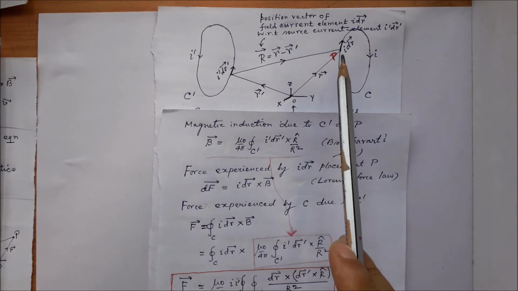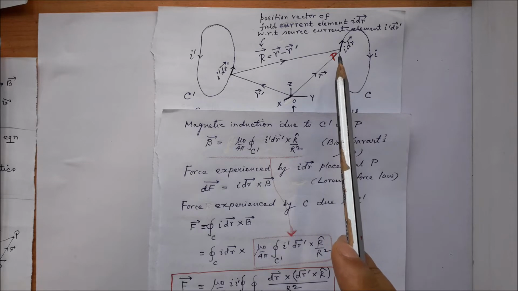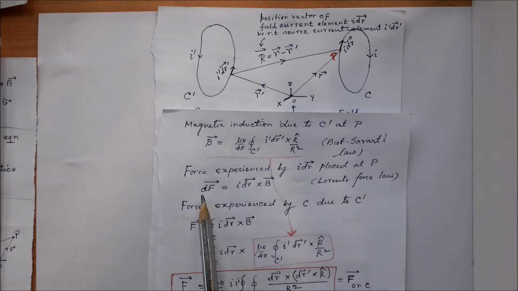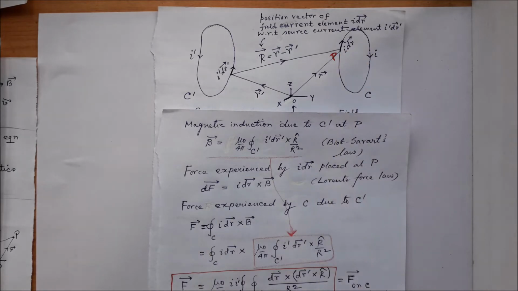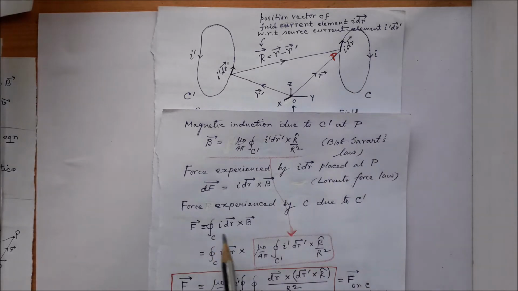The force experienced by IDR placed at the point P due to this B is given by the Lorentz force law. dF is IDR cross B. The total force experienced by the entire circuit will be an integration over C, and therefore we have this expression.